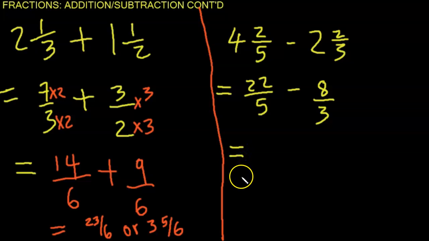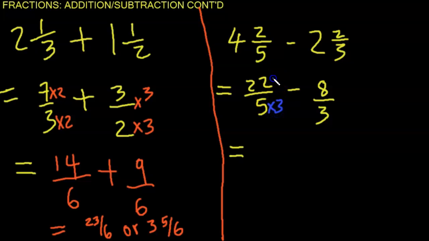So now we need a common denominator. And the LCM for 5 and 3 is 15. So we need to turn this 5 into 15. So we ask ourselves, what can we multiply to 5 to get 15? Yes, that's 3.